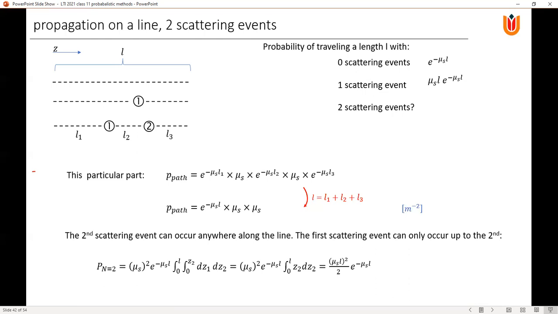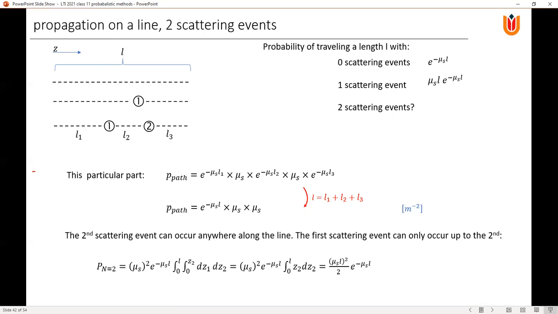So let's say that the second scattering event could occur anywhere between 0 and L. The first scattering event can only occur between 0 and the second scattering event. So that means that if we have to add these probabilities, the second scattering event is the outer integral here.